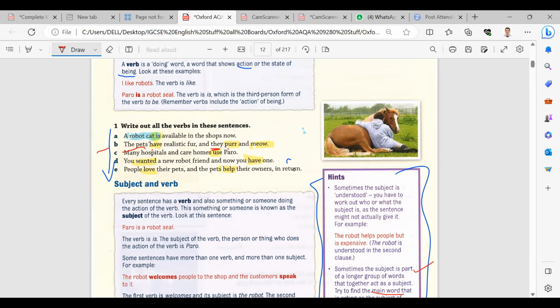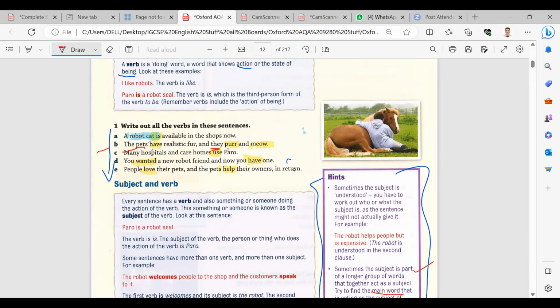Okay, right. Please, what is the subject of use? Many hospitals, as you mentioned. Many hospitals and care homes. Exactly. So many hospitals or care homes, or both. Then this one, Akram. What is the subject here? You.